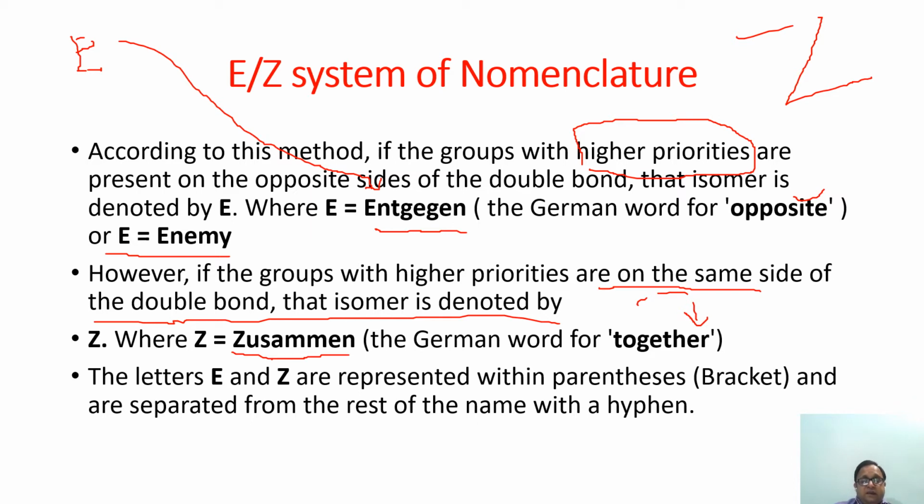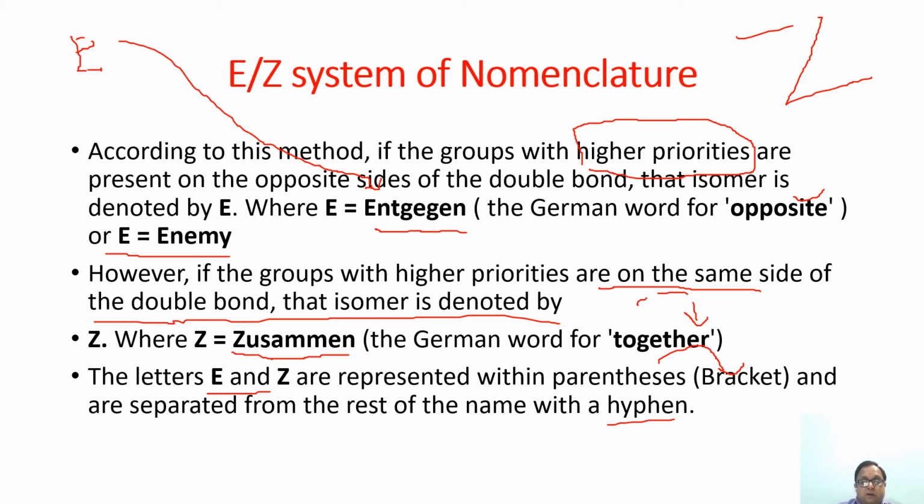These letters E and Z are represented within parentheses, that is, in brackets, and are separated from the rest of the name with a hyphen. Please recall all these points. For E, the groups with higher priority must be on the alternate position, or on the opposite side of the double bond.